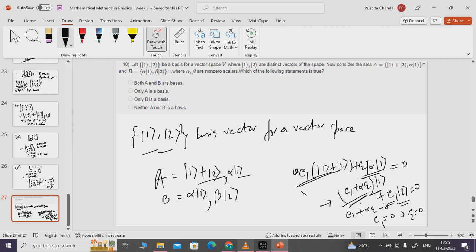Then v1 plus v2 and alpha v1 are linearly independent and can form a basis.